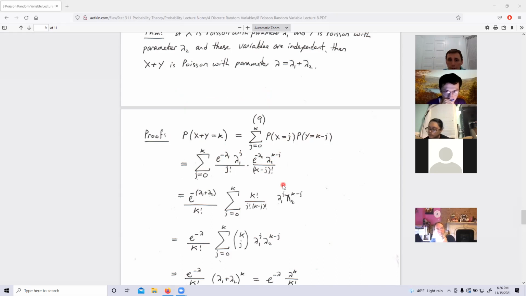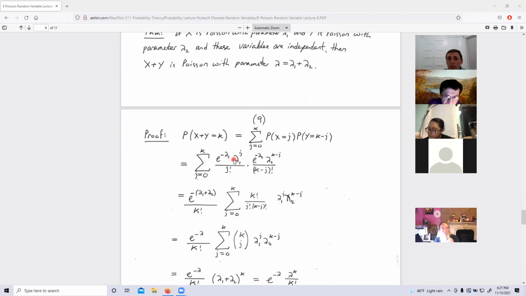Now, what can I factor from here? I can factor e to the minus lambda 2 and e to the minus lambda 1, and together this is e to the minus lambda 1 plus lambda 2. Yes? And then I make the following observation. We see I have here a j factorial and a k minus j factorial on the bottom. You see that?